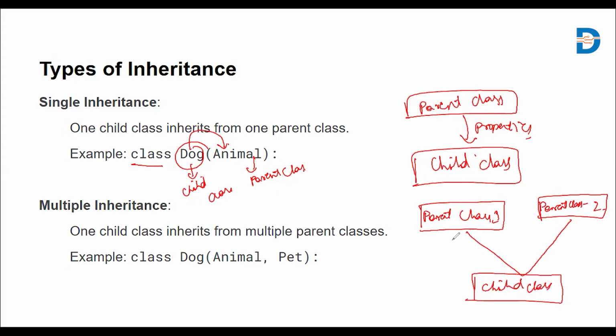That is how multiple inheritance works. For example, here dog is the child class, and animal and pet are parent 1 and parent 2. From parent 1 and parent 2, this dog is inheriting the properties. So this is what multiple inheritance looks like.